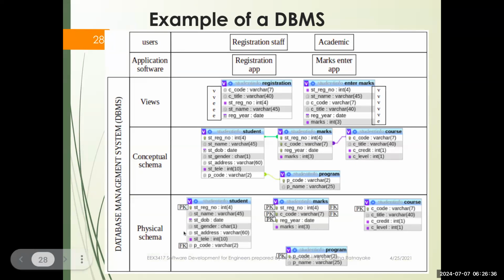Here, in this physical schema, we can actually create the data tables separately, and then in the conceptual schema we can create links here, and then using this data we can create separate tables for whatever we need.